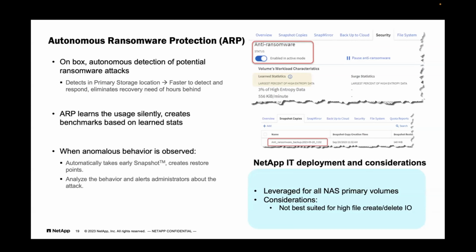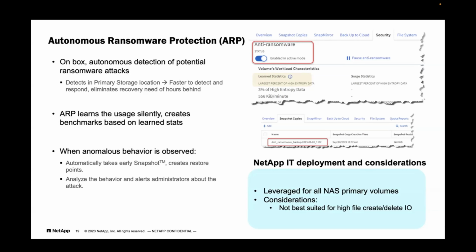One consideration is that any volume that has high file creation or deletion, say month end or release activity, is not suitable because it's a deviation from normal behavior that ARP has recorded.